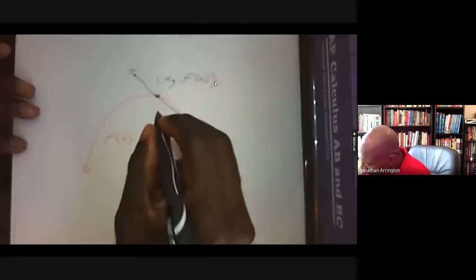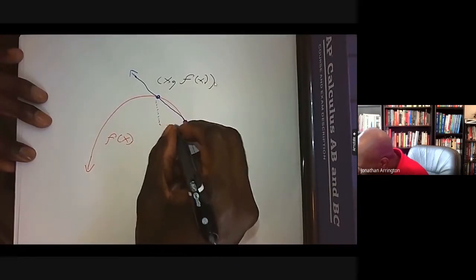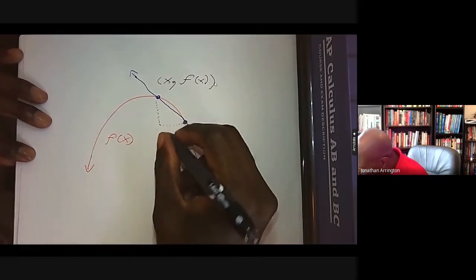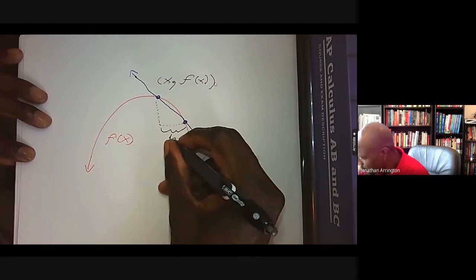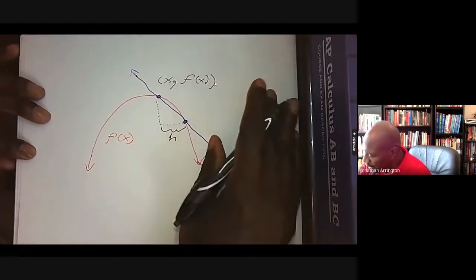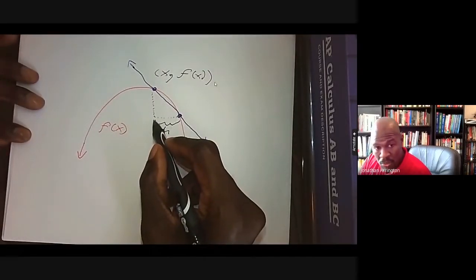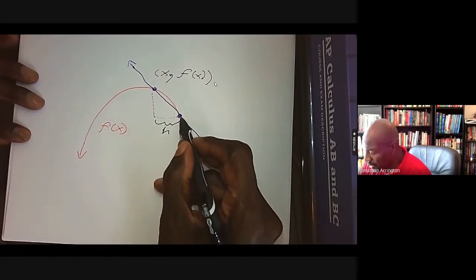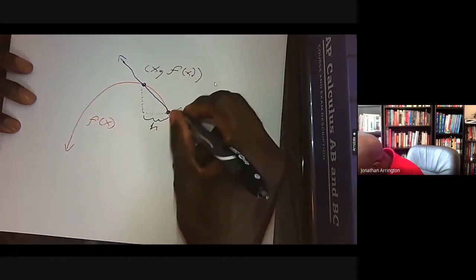So what I would like to do is denote a horizontal distance from this x value to that x value. And I would like to call that horizontal distance h. Horizontal distance h seems to make sense. And so if this x value was x and I go a distance of h, what do you think this x value should be? Sure, x plus h.